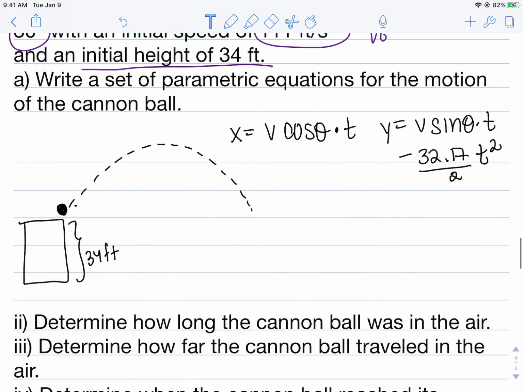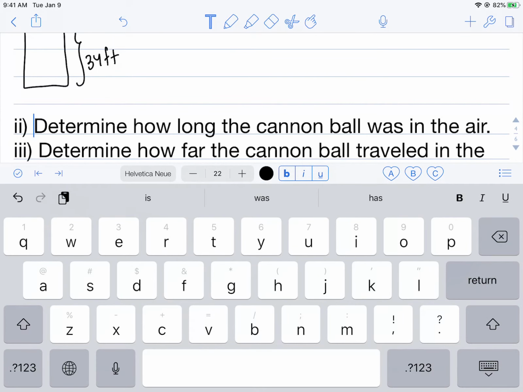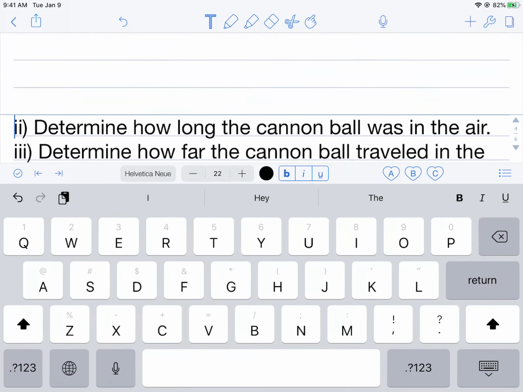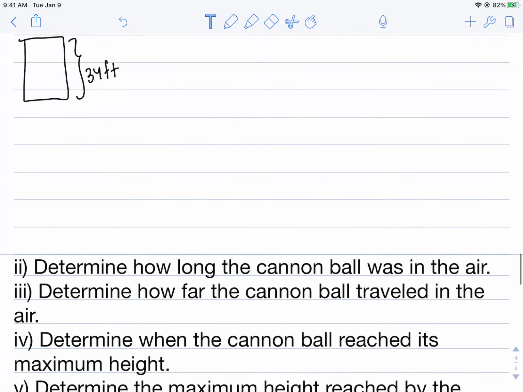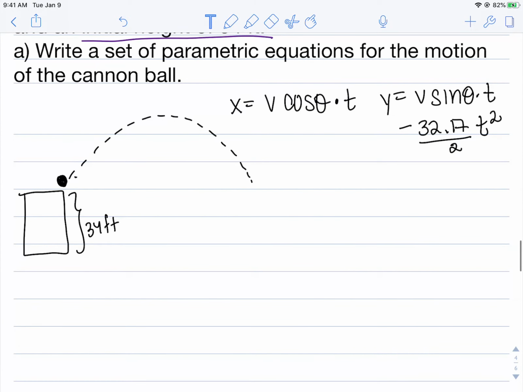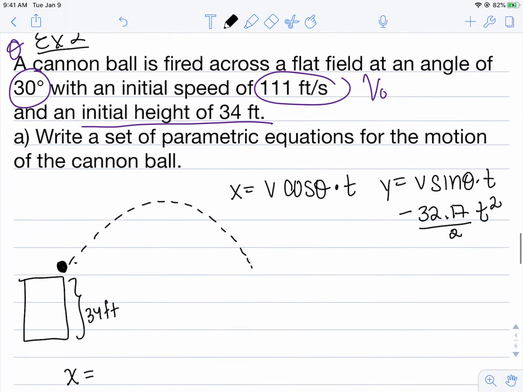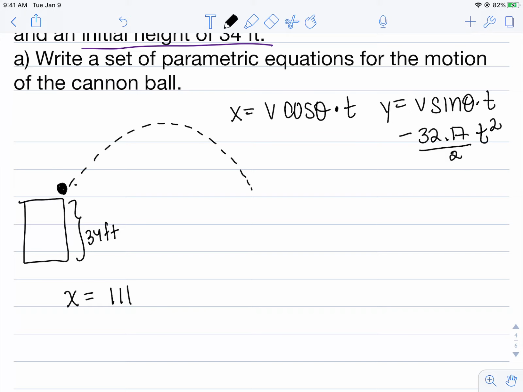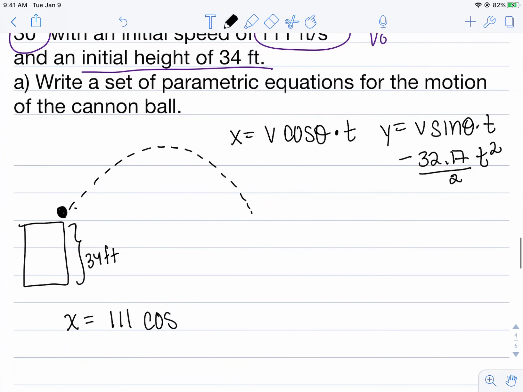All right. So then let me move this down, give us some space. So let's write an equation for our x value. So v is 111 feet per second cosine of 30 degrees times t, and this is in feet.